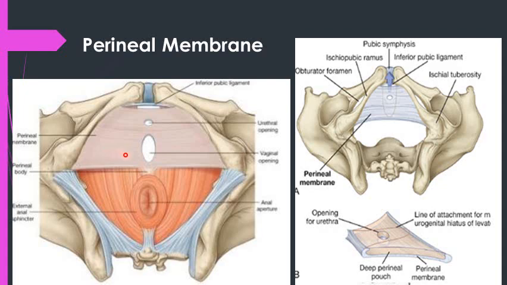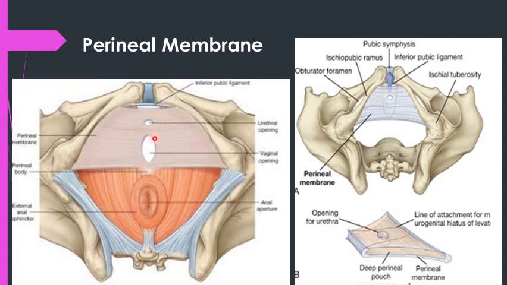The perineal membrane is present only on that anterior urogenital region, and it is not present along the posterior anal region, which is the anal triangle. Here you can see very easily. So keep in mind that this perineal membrane only overlies the anterior most aspect in the perineum, which is along its urogenital triangle.